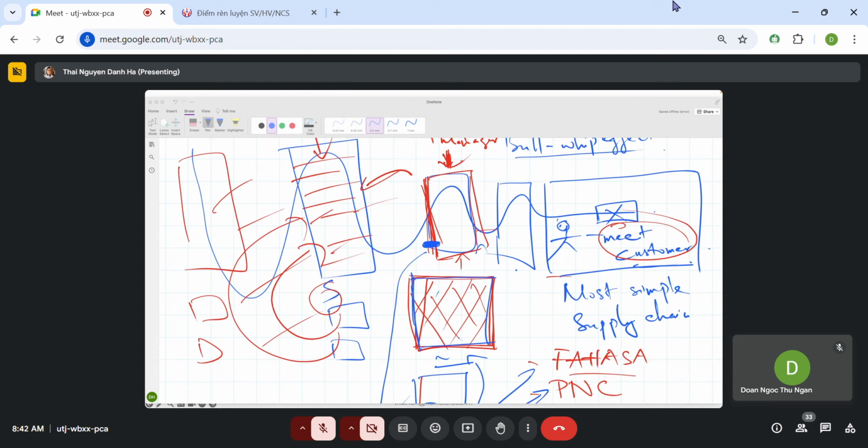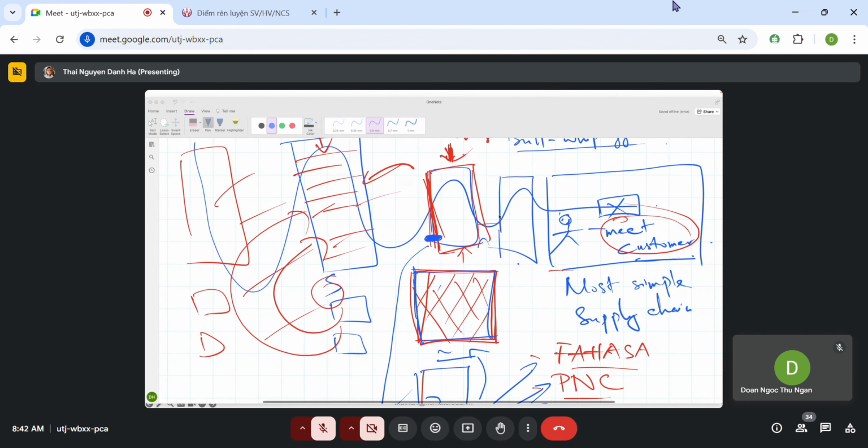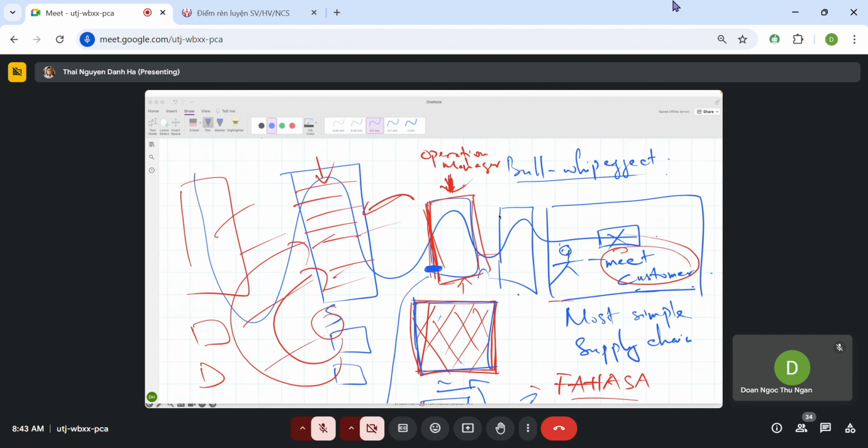So you can say that for our partner here, if we share the information of our production to the supplier, whenever they can get the information of the manufacturer here, they can deliver the whole material on time to our manufacturer, and we can ensure that the production can work in a better way, right?